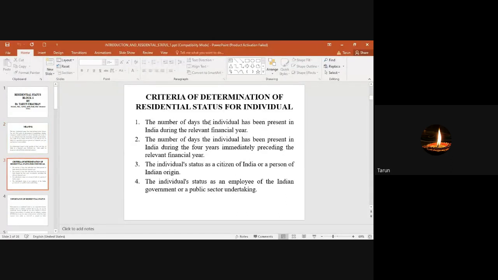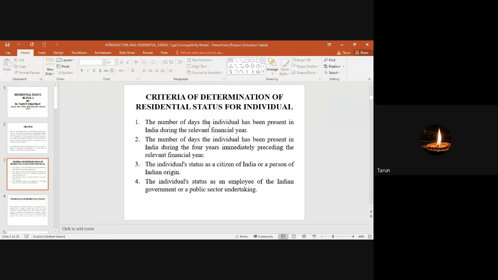Let's proceed to the criteria for determining the residential status for individuals, Hindu undivided families, companies, firms, associations of persons, bodies of individuals, or any artificial juridical person.